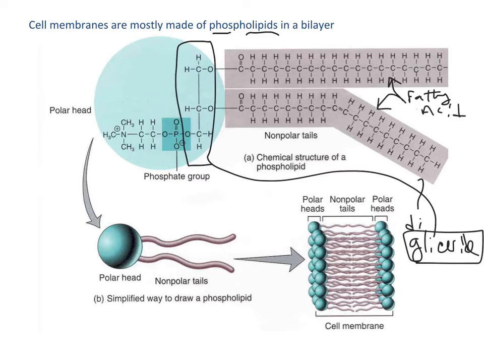So you have a diglyceride, that's like sticking out your two fingers. And then, if you remember this from the nucleic acids, you have the phosphate group. So putting all that together, it's called a phospholipid, okay?